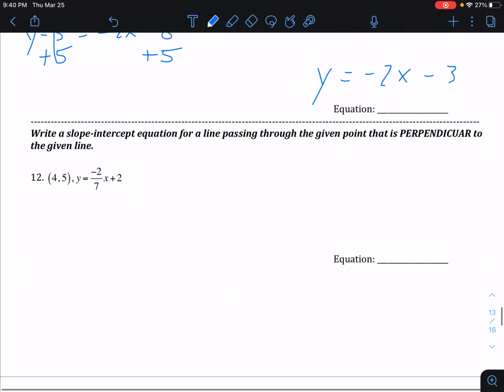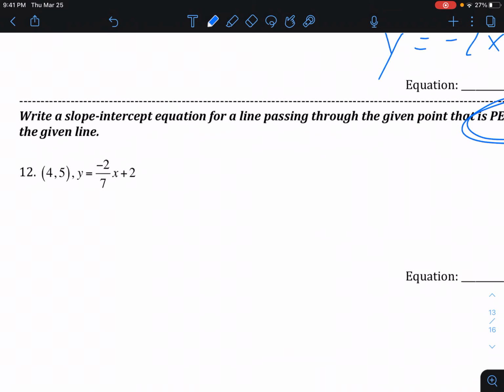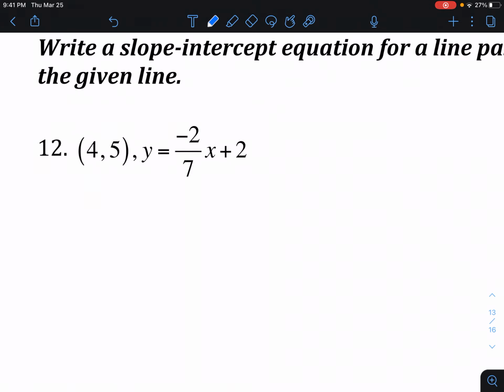Next up, write a slope-intercept equation for a line passing through the given point that is perpendicular to the given line. Now, when it says perpendicular, that means the slope has to be different than it appears in the equation. So in this equation, the slope in front of x is -2/7.